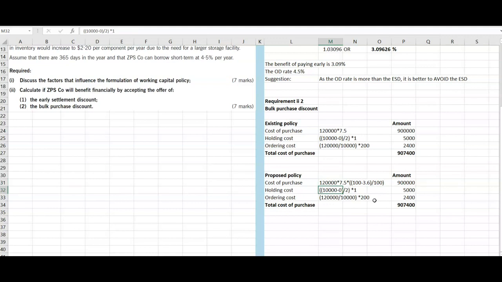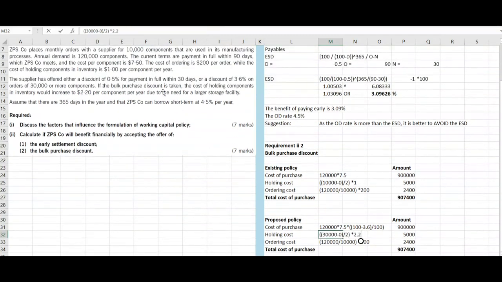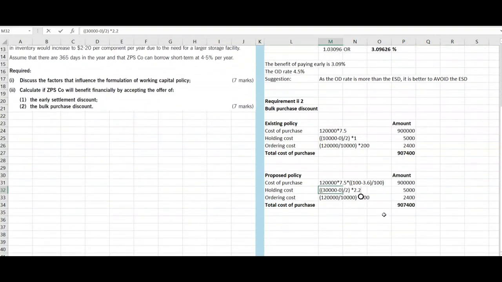And the holding cost is going to increase, and the numbers will also increase because every time we hold, how many will we be holding? We'll be holding 30,000 because we have to buy in bulk, and the holding cost will increase, he says. So that goes to 2.2. So that's what he mentions here. The holding cost goes up.